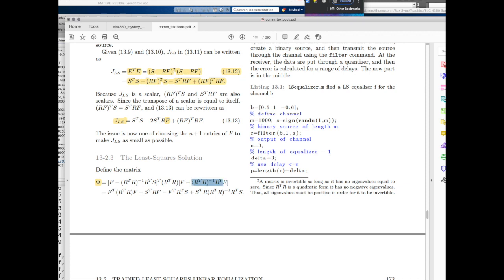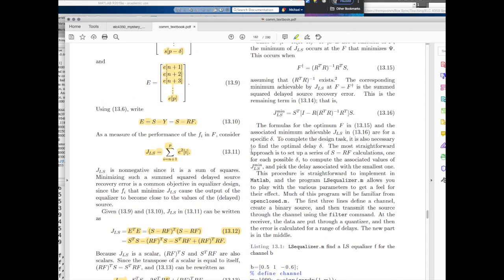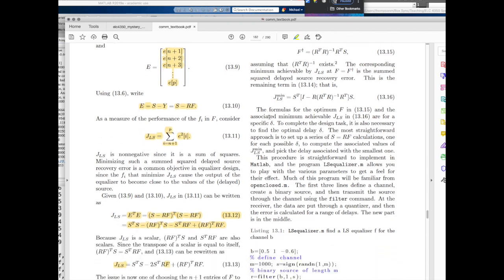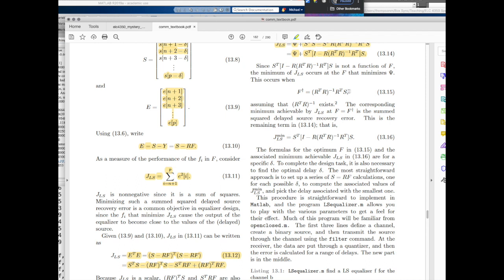When f is equal to this, that's when we have the minimum. Okay, so that's what he mentions, that f is equal to this matrix operation.